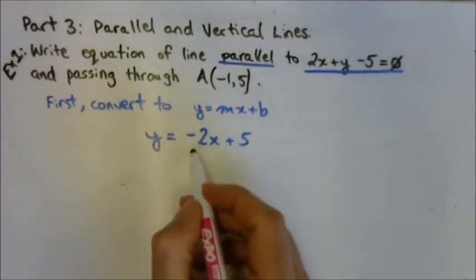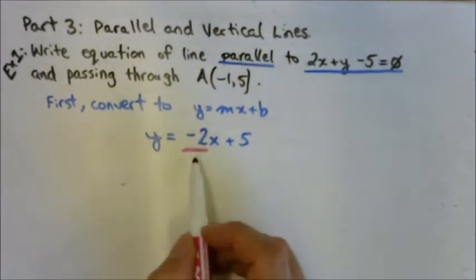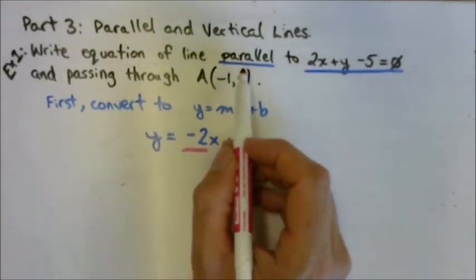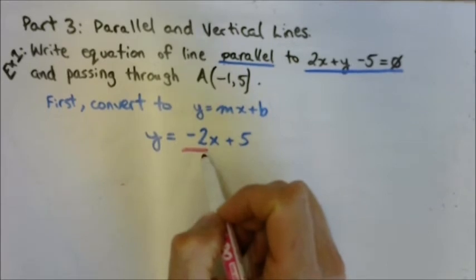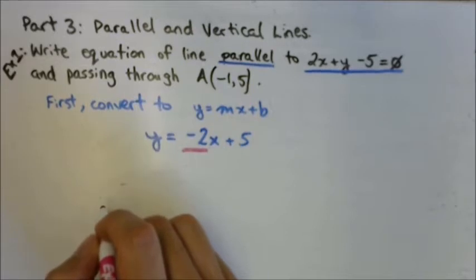And here we have the slope of this line is negative 2. The line that I need is going to be parallel. Well, if a line is parallel to another line, they have the same slope. So if m1, the slope of my first line, is negative 2, then the slope of my second line must also be negative 2.